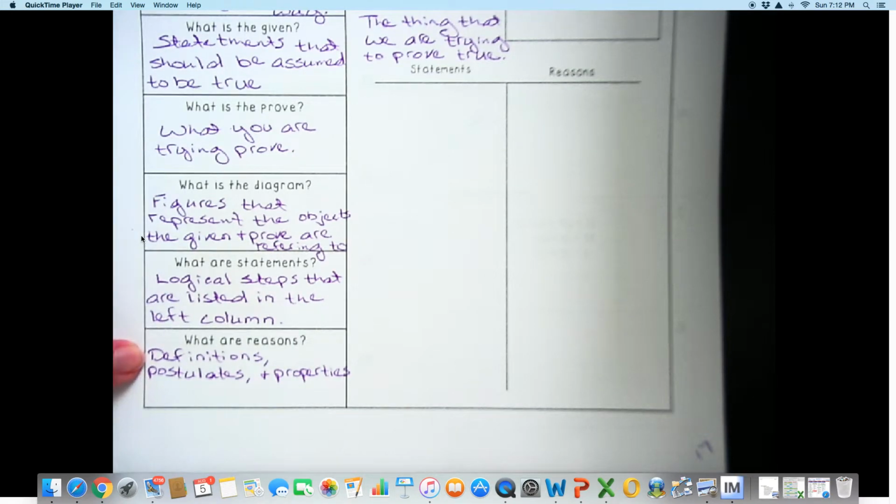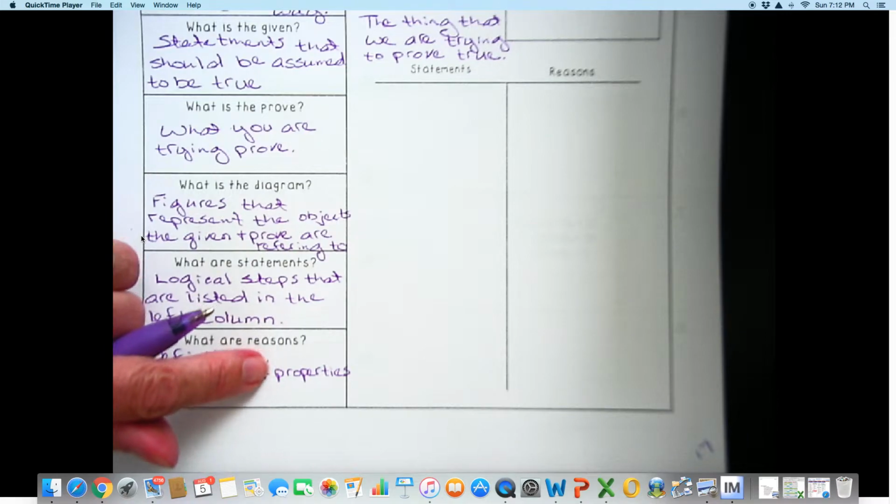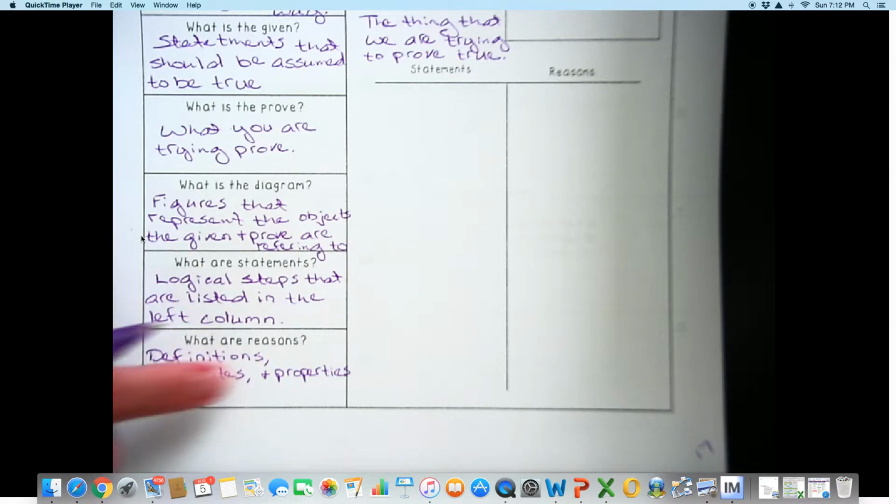Just think definitions, properties. You know, we have different properties of algebra that you've learned: the associative property, commutative property, distributive property, all kinds of properties.